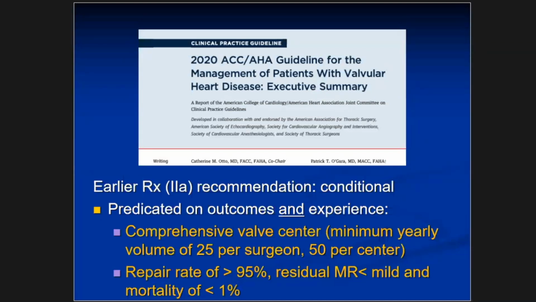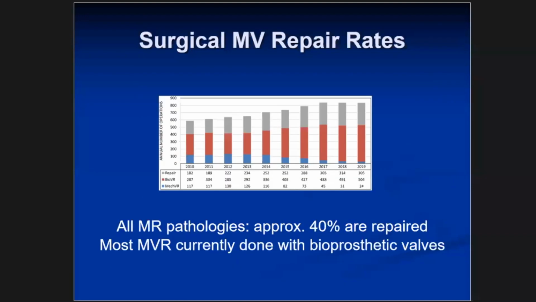The 2A recommendation to treat asymptomatic patients is conditional. It's predicated on both outcomes and experience. So again, experience meaning at least 25 mitral valve repairs per year per surgeon, repair rates with less than mild MR of greater than 95%, and a mortality of less than 1%.